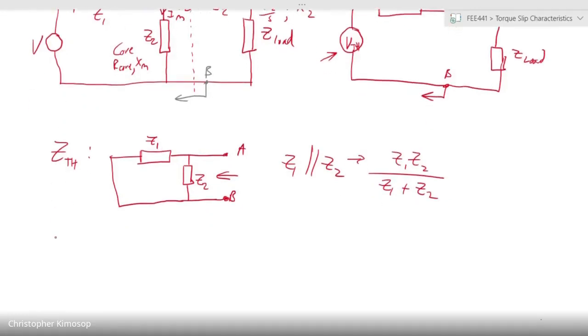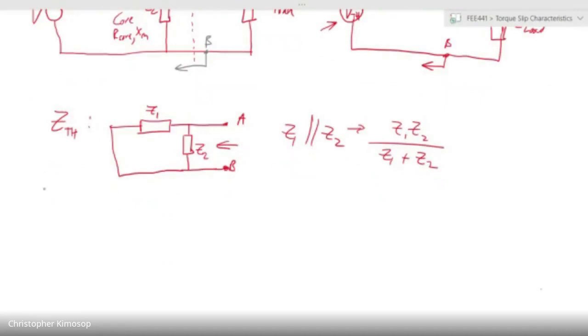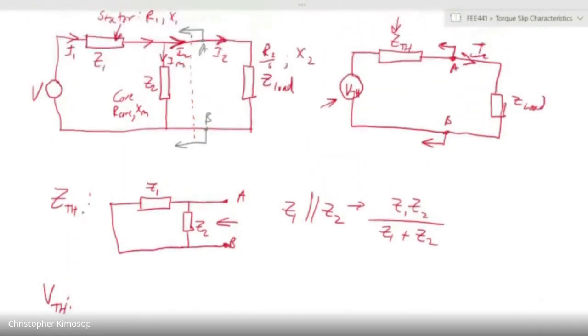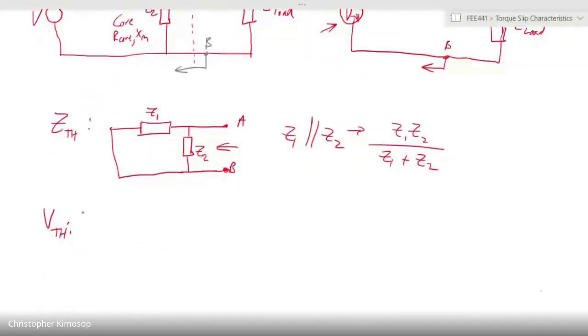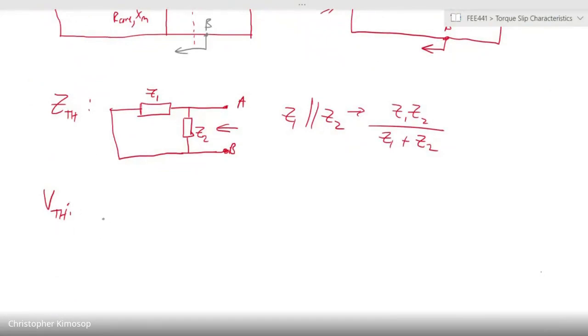Similarly, we can look for our Thevenin voltage. In order for us to get our Thevenin voltage, we can slightly relook at how this circuit appears. If we were to rearrange it slightly, initially it looks like that.